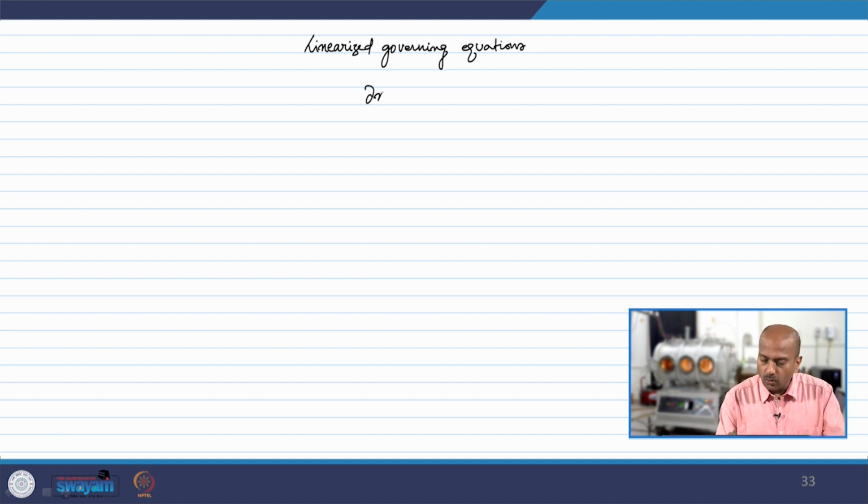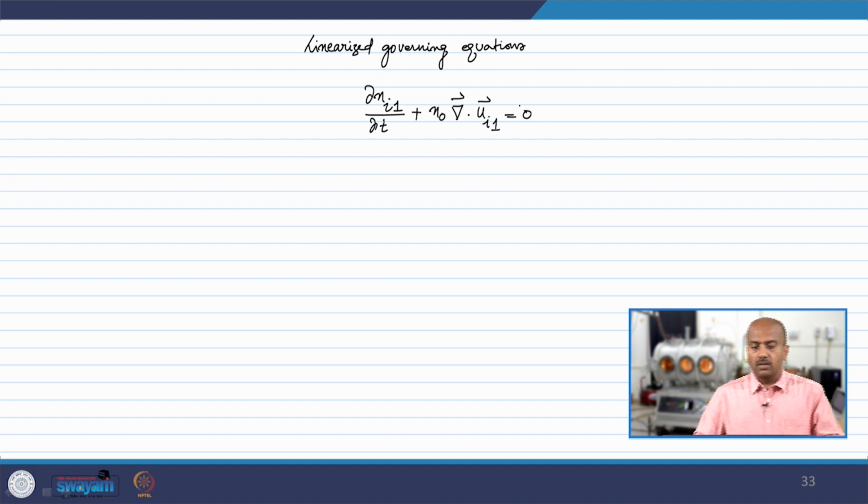They are: ∂n_I1/∂t + n_0 ∇·u_I1 = 0. See, what is this? This is the continuity equation. This equation is written for ions, and it so happens that the perturbed variables are written with a subscript of 1.